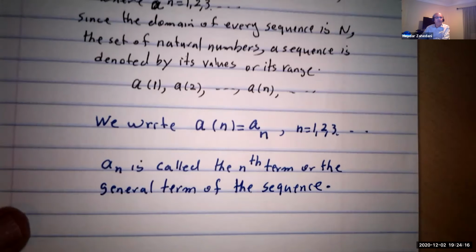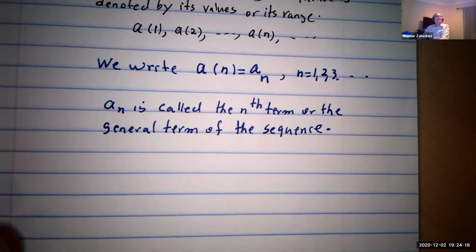You just give us a formula for a sub n, then we generate the terms of our sequence.